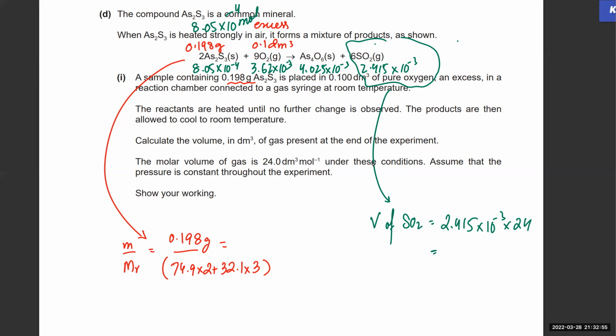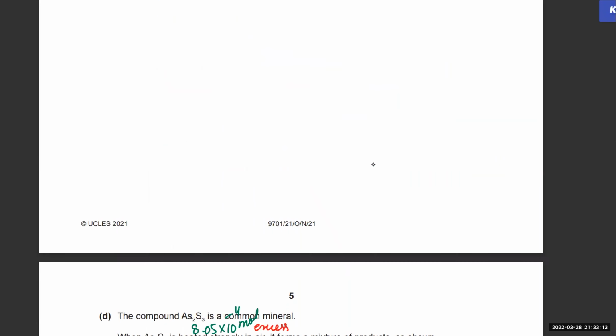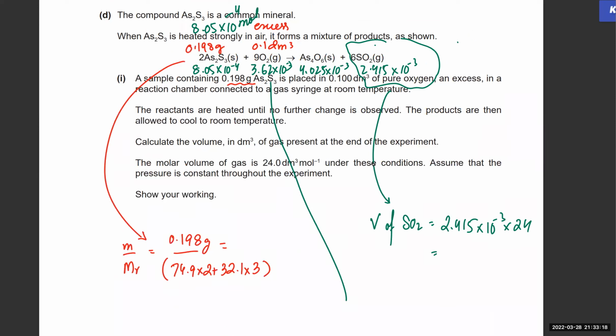If you multiply it by 24 dm cube, how many dm cube do you get? So this is 0.05796 dm cube, without rounding.